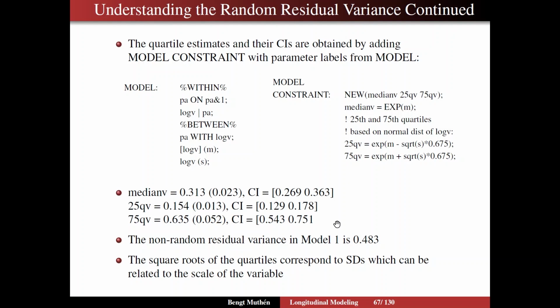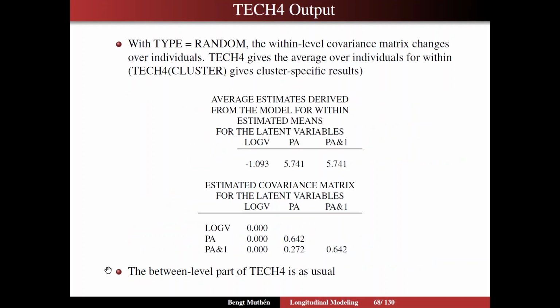So that tells you a little bit about how to bring it back to reality after having been presented with log V means and variances, going via the quartiles and then taking the square root of the quartiles. All right, enough about log V then.